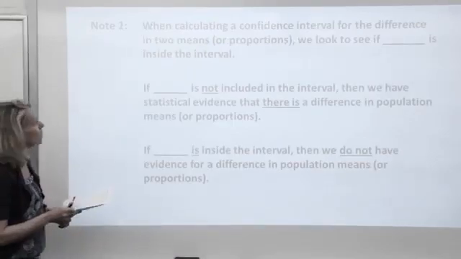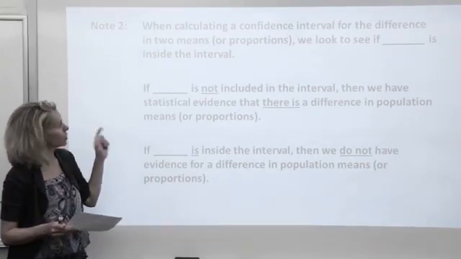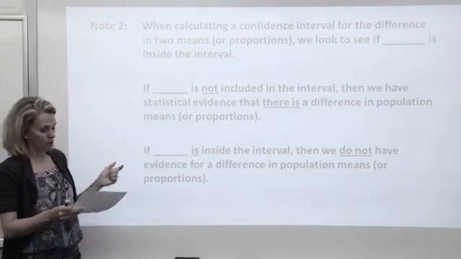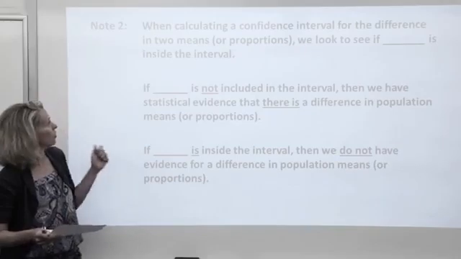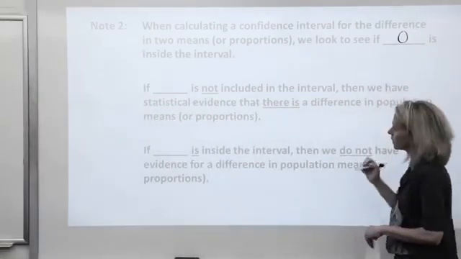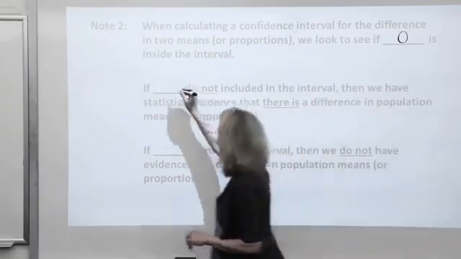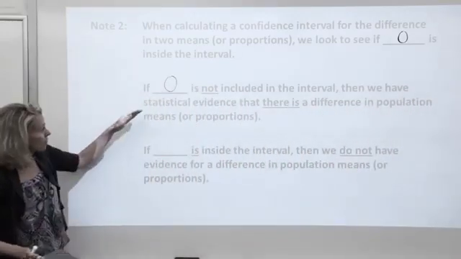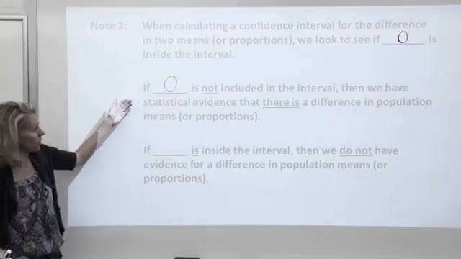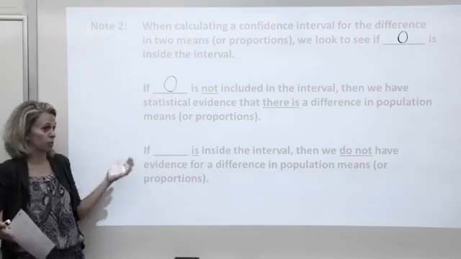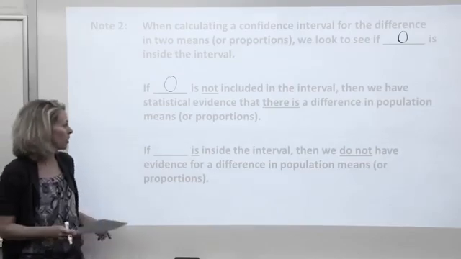Second note, when calculating a confidence interval for the difference of two means, or two proportions for that matter, we're going to be curious to see if 0 is inside that interval. If 0 is not in the interval, then we will have statistical evidence that there is a difference in the population means or proportions, depending on the problem.